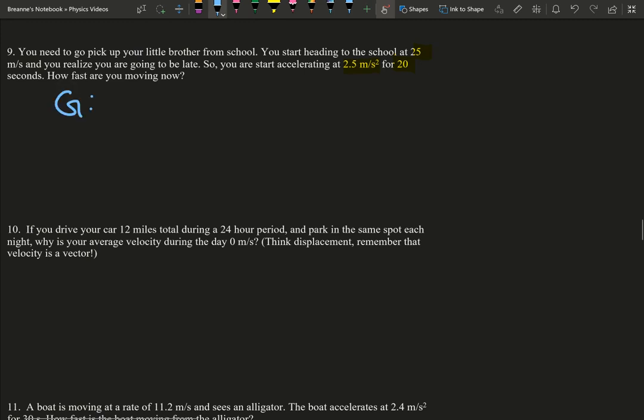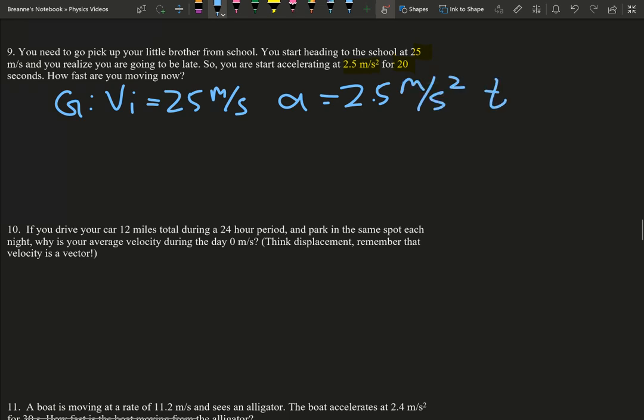The 20 meters per second would be your initial velocity. The 2.5 meters per second squared is your acceleration. And the 20 seconds is your time. And our unknown is how fast are we moving now, so that'd be your final velocity.